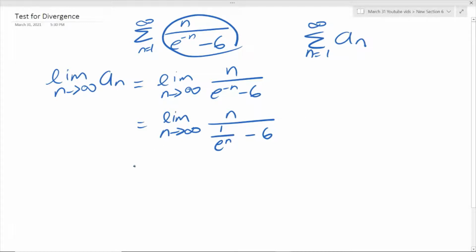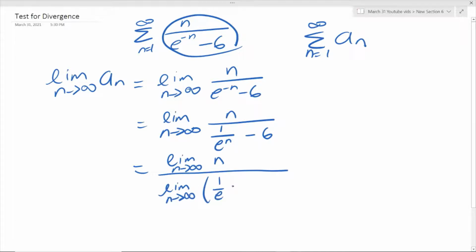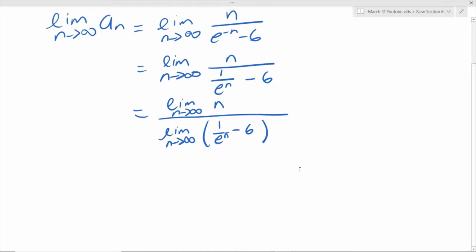So let's write it in for the numerator, and let's write it in for the denominator. Okay, so now let's see what happens with the denominator. Let's just do that separately.